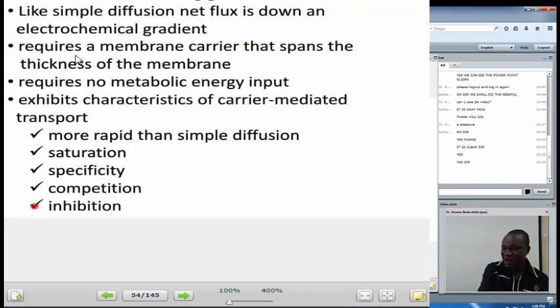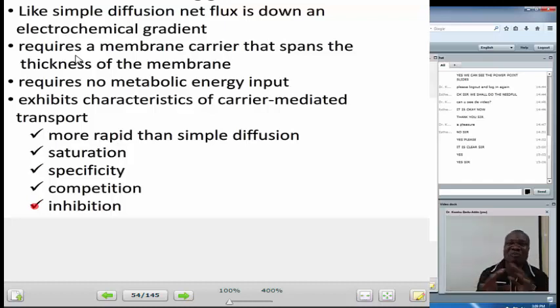Now, still on the characteristics, it exhibits specificity. Specificity meaning that a carrier will ferry only particles of a particular kind. Right. So let's say if the carrier is ferrying glucose, it will only pick up glucose.